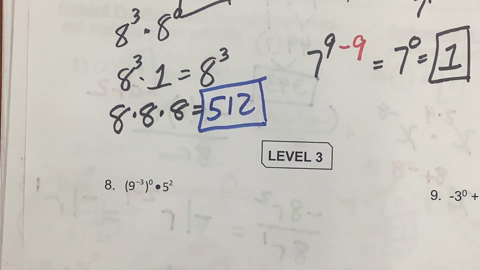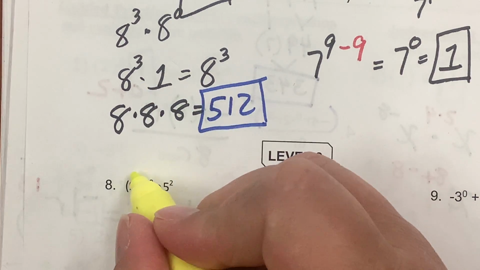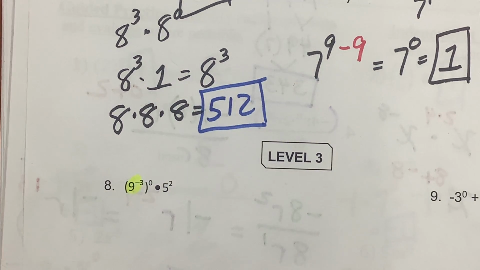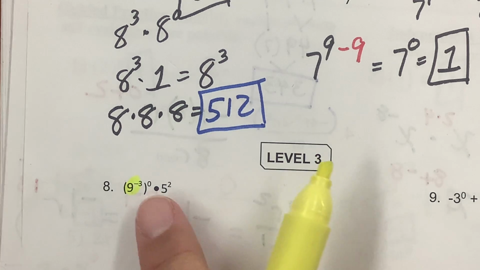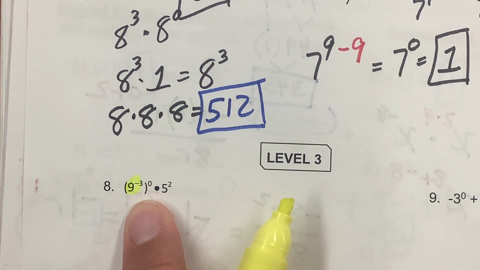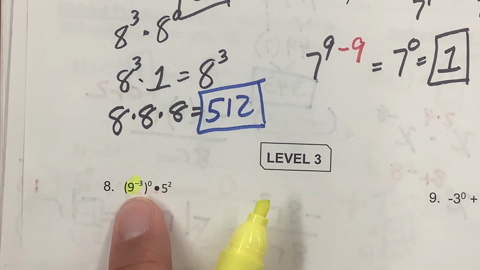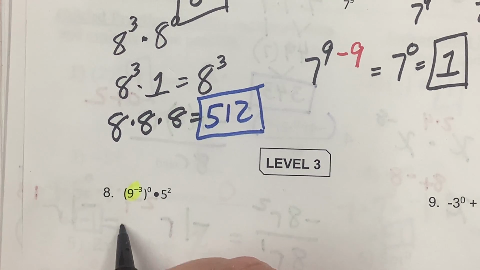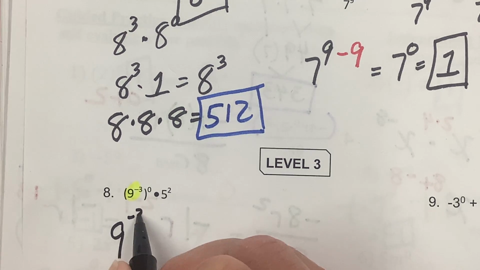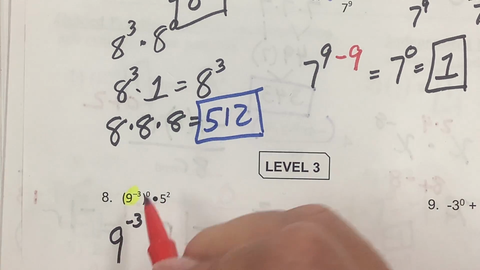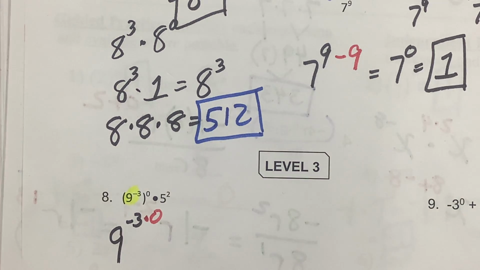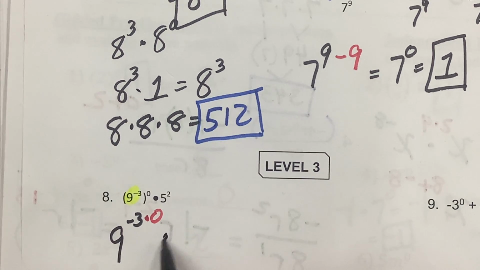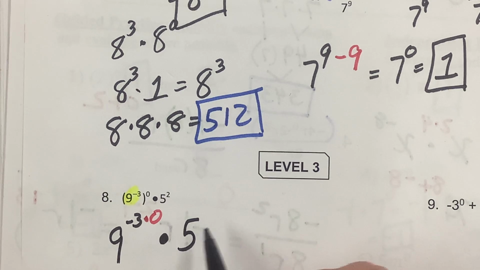Down here, look, this whole thing, and it doesn't matter what it is, whatever's inside the parentheses, it's a power to a power, so I can use the power rule, and I can multiply negative 3 times 0. So I would have 9 to the negative 3 times 0, and that whole thing times 5 squared.